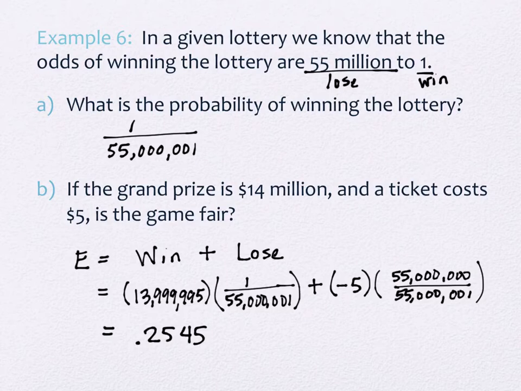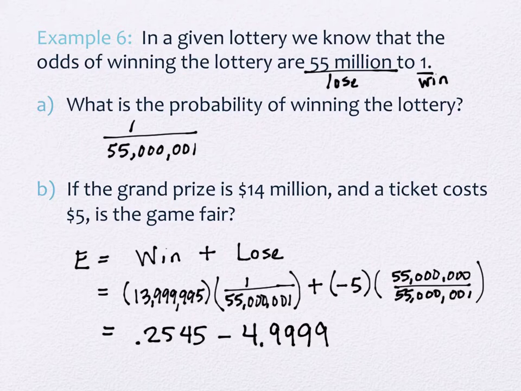That look right? Lovely. And then on the other one, it's going to be negative because I've got a subtraction sign right here. So I've got 5 times 55 million divided by 55 million 1. And this ends up being a bunch of 9s. I'll use 4 of them for now. I could just go ahead and round it off to negative 5.